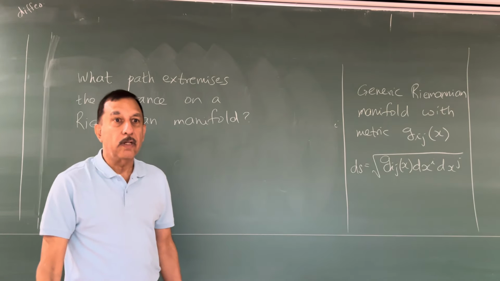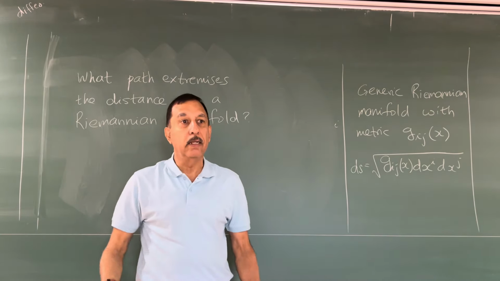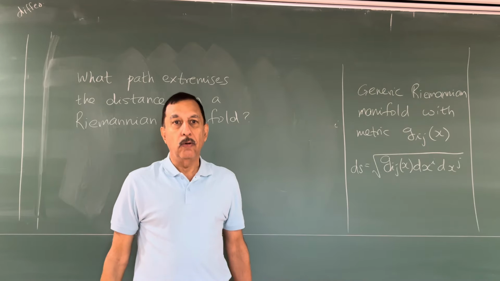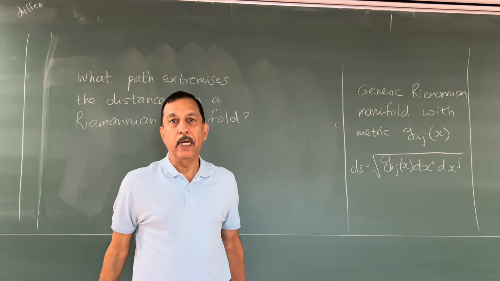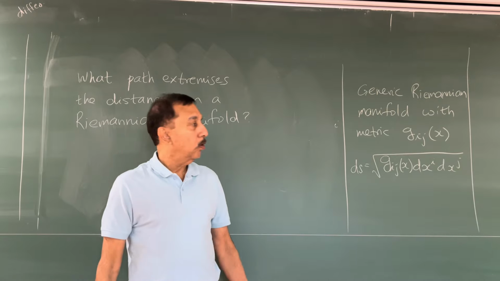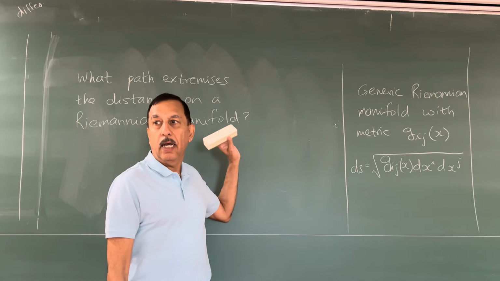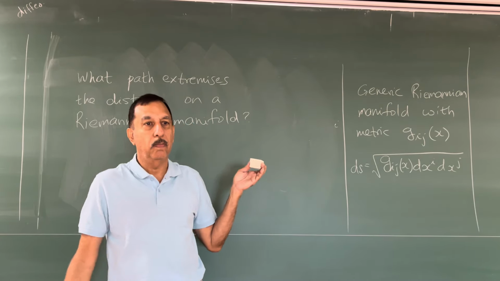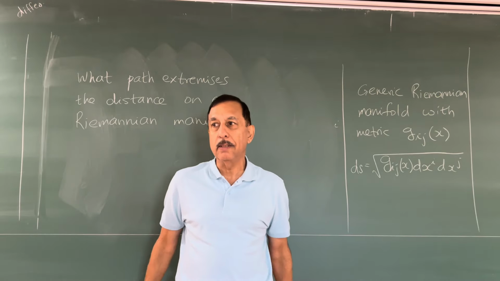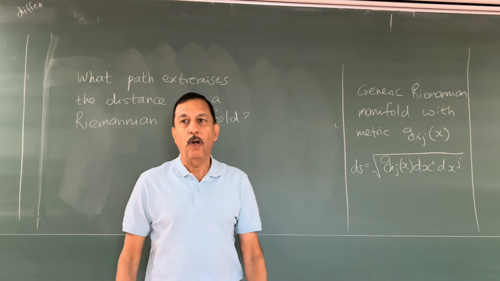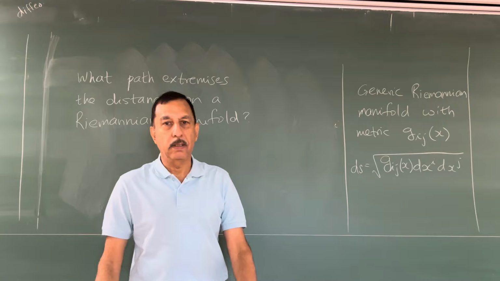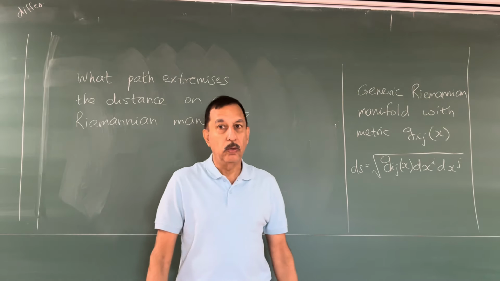An old version of this question was asked by mariners who steered ships. They don't want to take a longer time to get from A to B than necessary. So obviously on the surface of the earth, they have to answer exactly this question. What path extremizes, actually minimizes the distance, so that if they follow that path, they'll reach the other end fastest. Today, airlines also do the same thing.